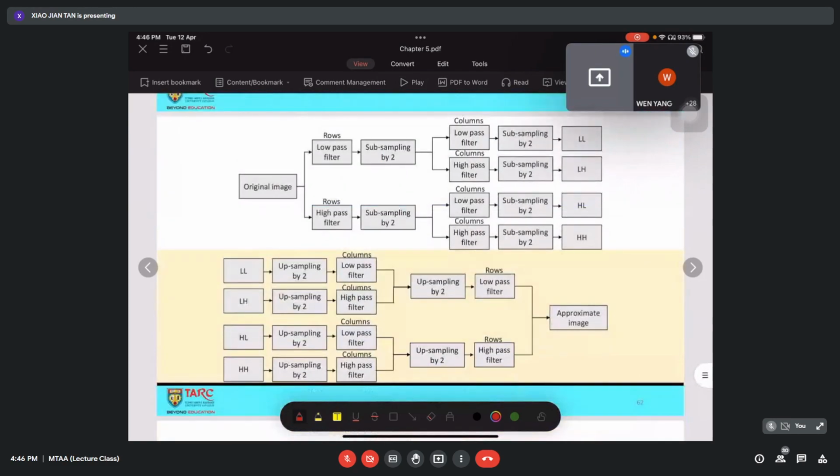So basically, I believe this one you all at least know, because in audio processing, in the psychoacoustic model, the encoder and decoder are always just the inverse function of each other. For example, you have the original image, you apply the low pass, subsampling and extension, and you get all these subsamples.